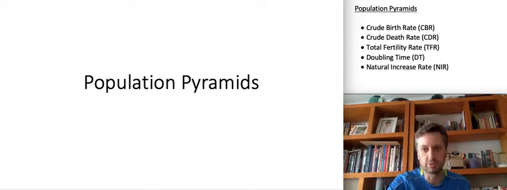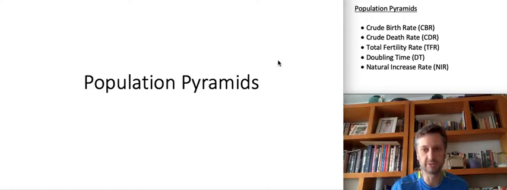It's the idea of population pyramids. Population pyramids are graphical representations of the population demographics, usually of an individual country. Above my head, I've put some keywords, and these basically just relate to what we've talked about already.